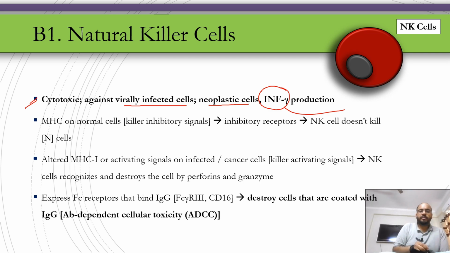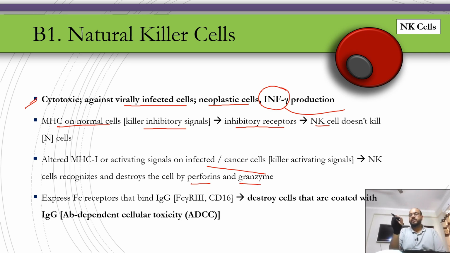So MHC molecules on normal cells act as killer inhibitory signals, and there are inhibitory receptors on NK cells. When these inhibitory receptors get activated by normal MHC, the NK cell doesn't kill normal cells. But if cells are infected or neoplastic, the MHC gets altered, and the NK cell recognizes these different cells and then releases chemicals like perforins and granzymes.